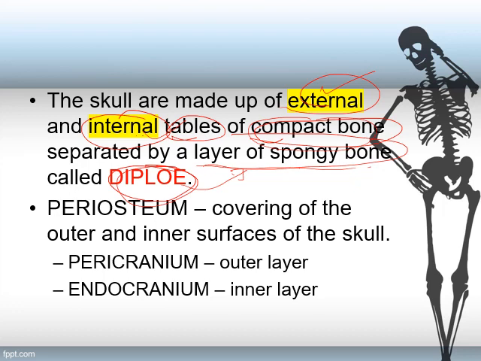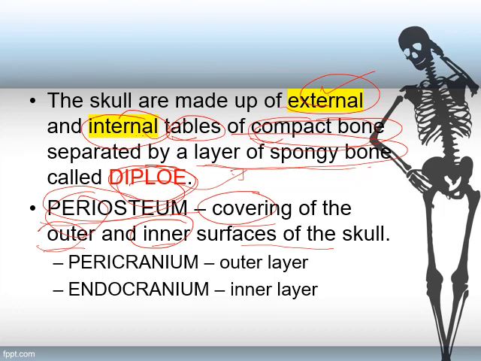So another very important term is what we call the periosteum. So peri is surrounding or around. So it covers the outer as well as the inner surfaces of the skull. So the periosteum is a covering of the outer as well as the inner surfaces of the skull.